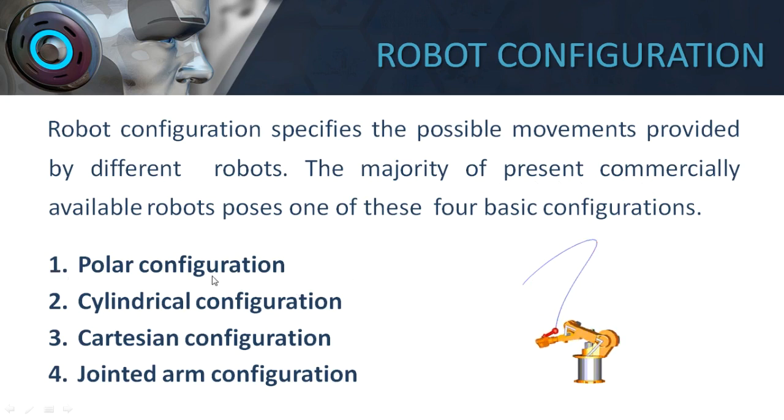They are the polar configuration robot, cylindrical configuration robot, Cartesian configuration robot and jointed arm configuration robot. It is all about the way you are fixing the joints and links together, that constitutes the configuration of a robot. We'll see one by one what these configurations are and how exactly the robot works for that particular configuration.